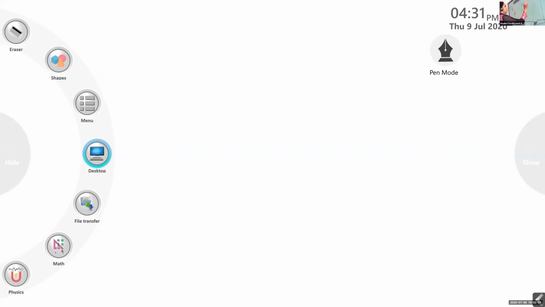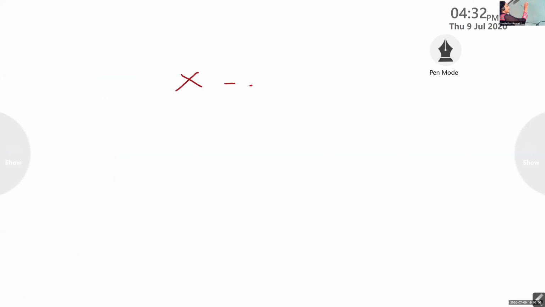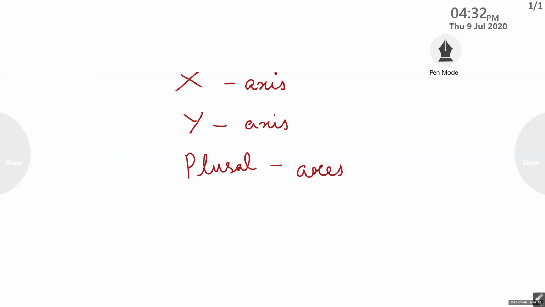Usually we write x-axis, y-axis like this, and the plural of axis is axes. So these are known as coordinate axes. Clear?